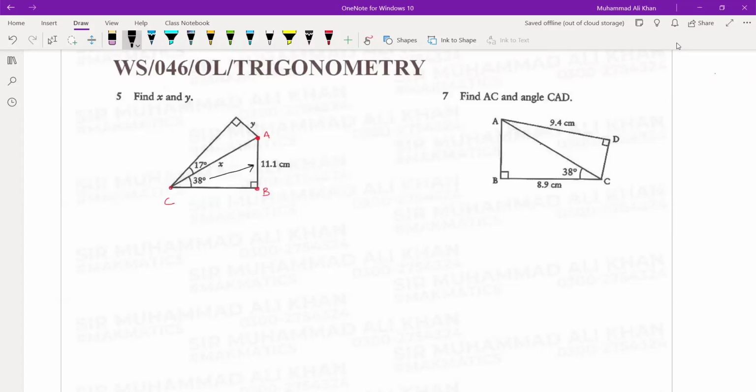Opposite is given, and we need to calculate the hypotenuse side. So use sine 38 equals opposite 11.1 divided by the hypotenuse, which is X.